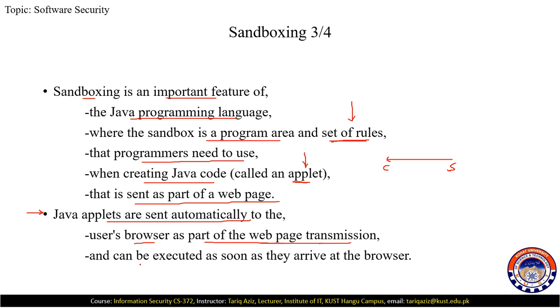As soon as these applets arrive at the client browser, it will execute them. So the applet is appended to this web page, the web page is sent towards the client, and when it arrives at the client side, the applets will be executed automatically.